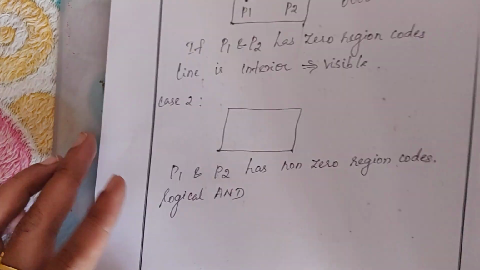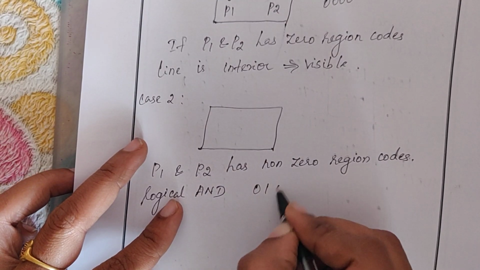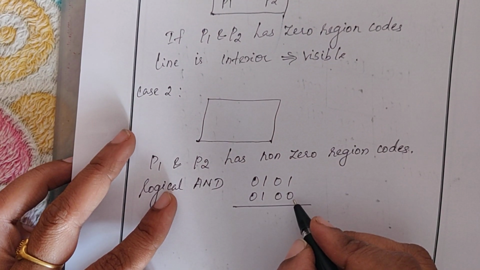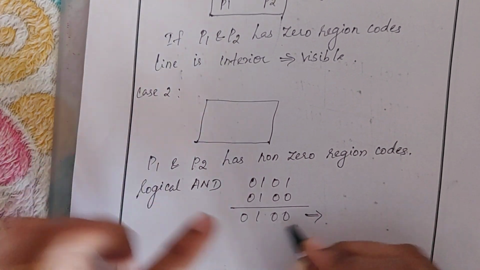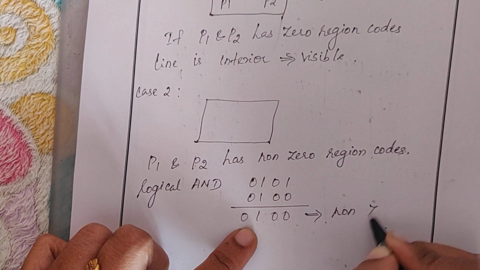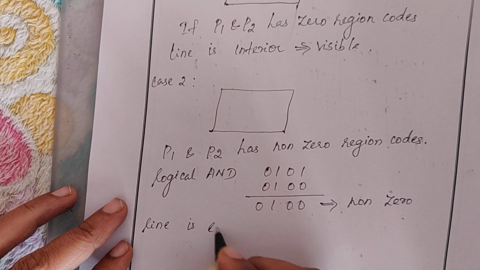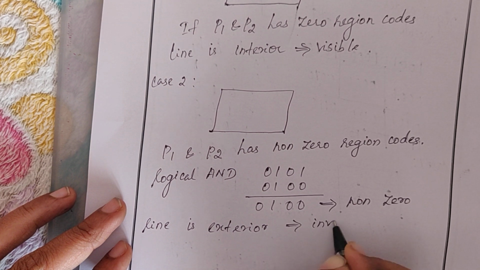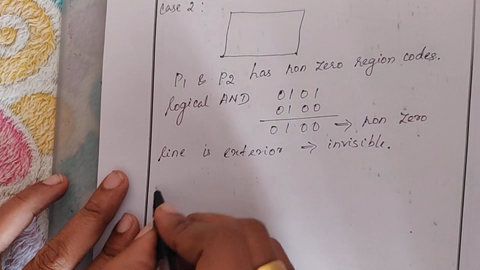The codes are 0 1 0 1 and 0 1 0 0. Taking the logical AND, it is 0 1 0 0. If the result is again non-zero, it shows the line is exterior and it should be made invisible. This is my case 2.